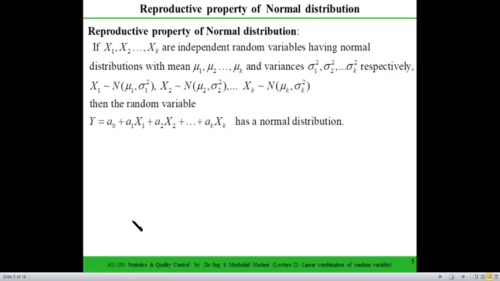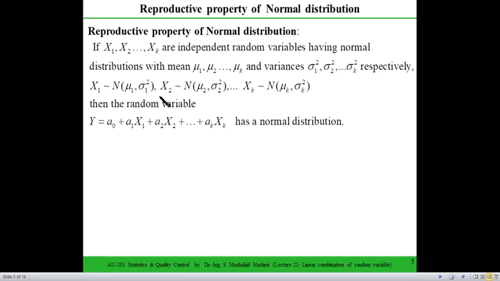Okay, so there is a property called the reproductive property of the normal distribution. Let's say we have a special case where x1, x2 are independent random variables, and these random variables are normally distributed. So each variable is normally distributed. So x1 is normally distributed with a mean value mu1 and variance sigma 1 square.